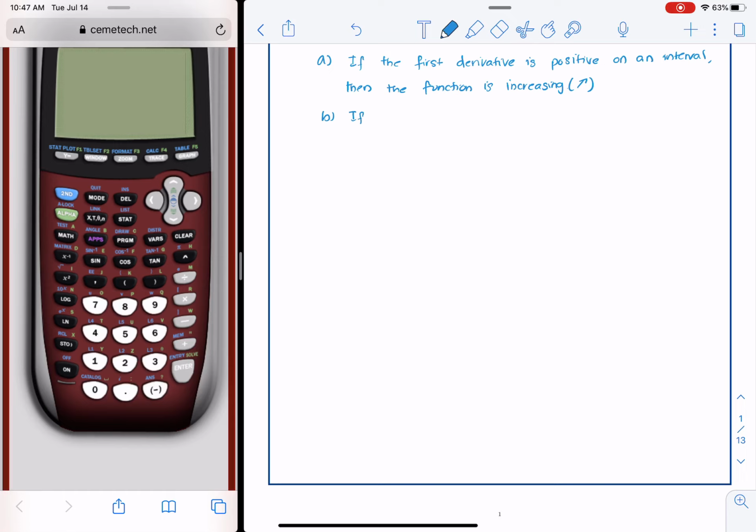If the first derivative is negative on an interval, then the function is decreasing.